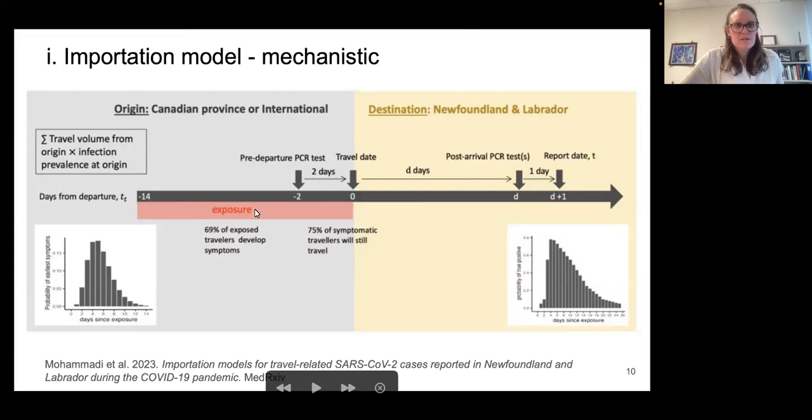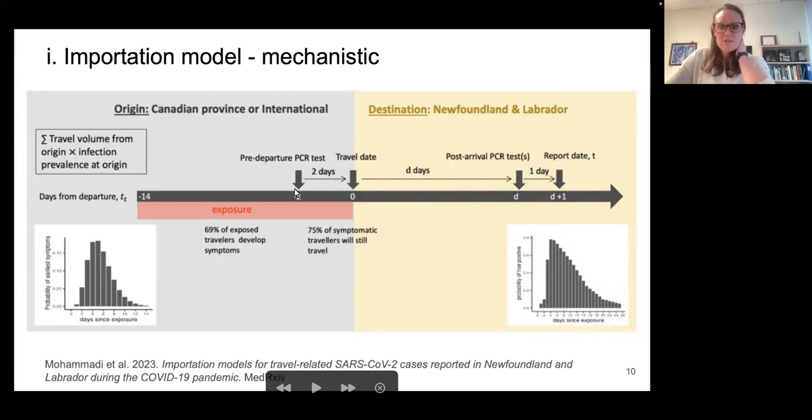The exposure period here is all with respect to the travel date. So we consider individuals that are possibly exposed 14 days prior to travel. There could be a pre-departure test when some of the restrictions are in place. And for the test, there's a probability of a true positive that depends on the number of days since exposure.